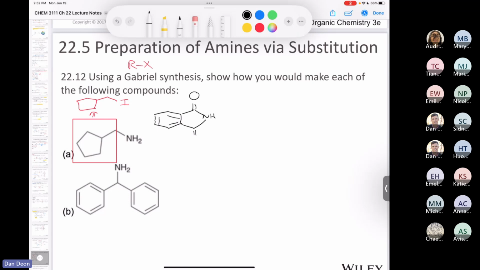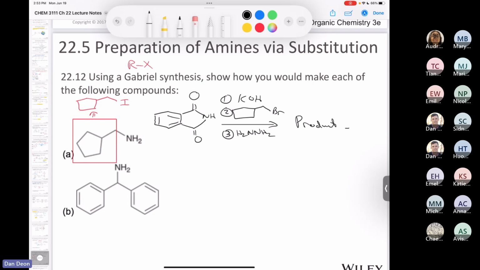So he starts with phthalimide. Step 1 is to treat it with potassium hydroxide to make potassium phthalimide. Step 2 is to treat it with your electrophile, like this. And then the third step is to treat it with hydrazine, so H2N-NH2, like that. And that is going to give you the product. So you would end up with the product in this case.